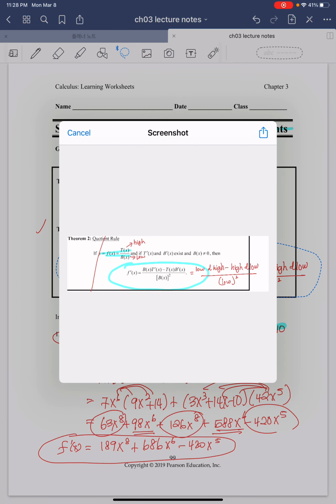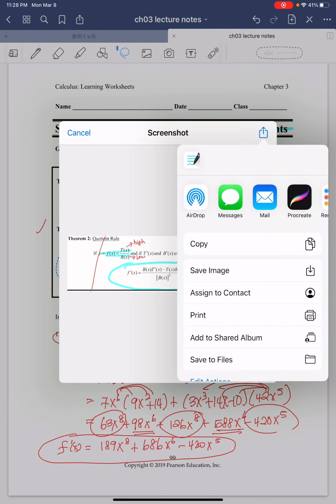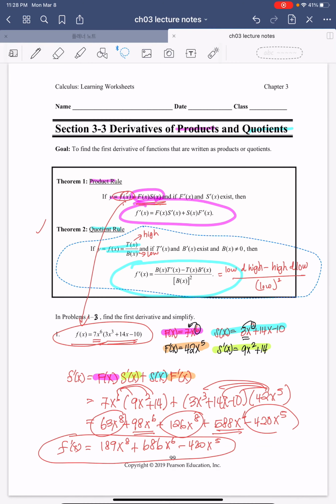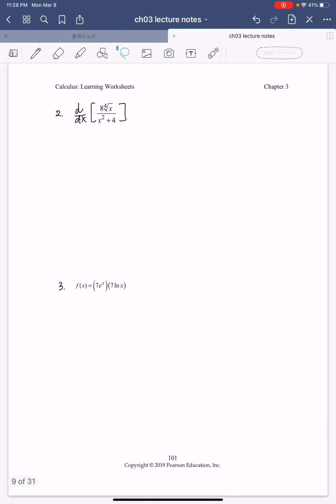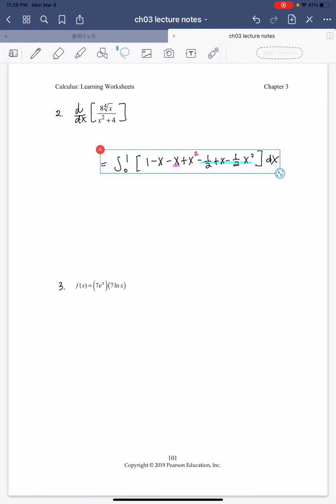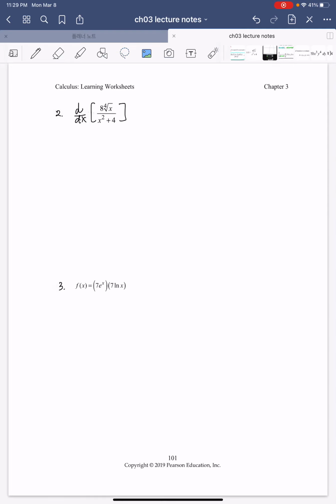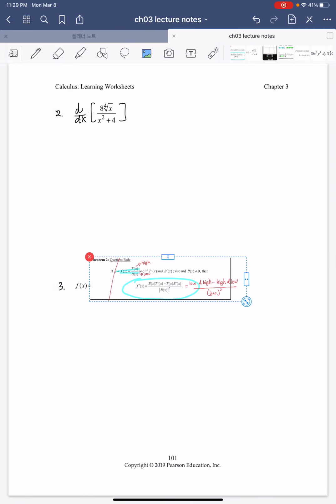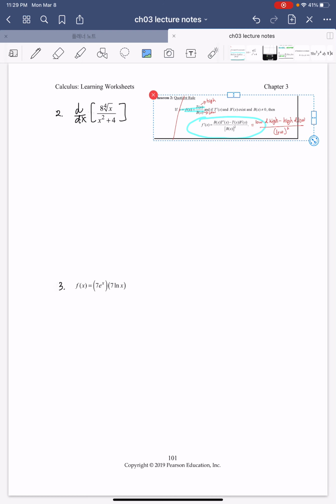I'll take a screenshot and save the image, and then I'm going to put it right over here so that I have the theorem handy right there so I can reference it.